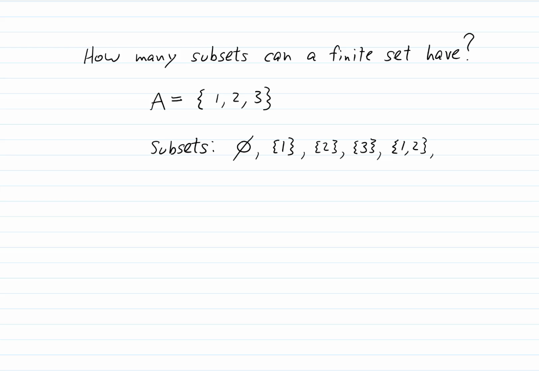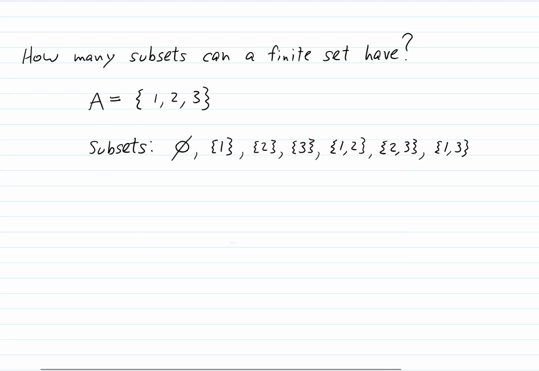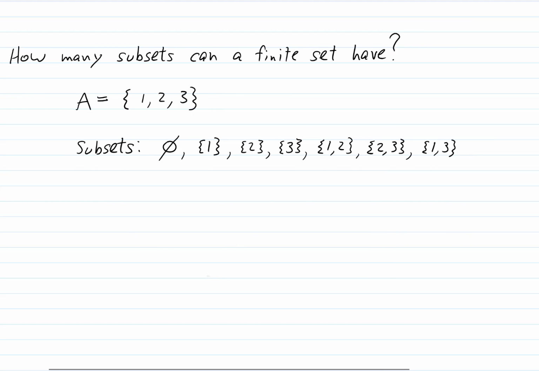How about the set containing 2 and 3? How about the set containing 1 and 3? That's 7 of them so far. And then what else? And then there's A itself.